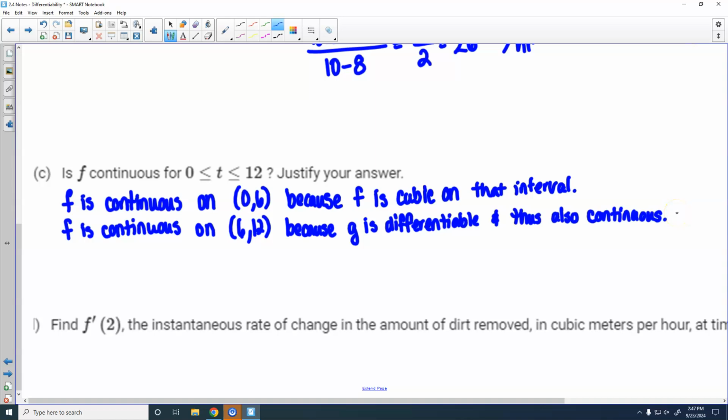So that tells us f is continuous everywhere except possibly at 6.